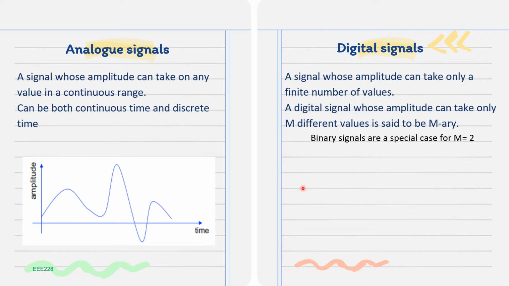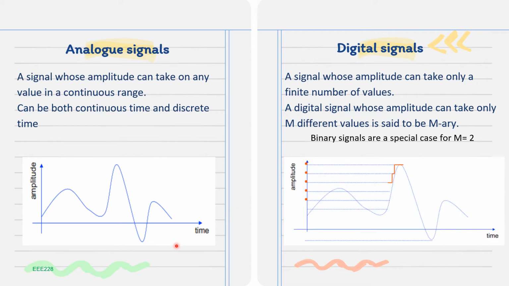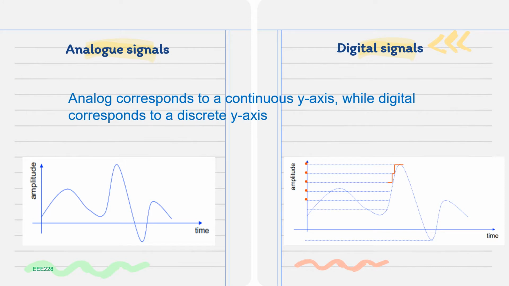In these examples, when we talk about analog or digital signals, we are referring to the amplitude. For analog signals, we have a continuous range of amplitude, while for digital signals the amplitude values are discrete. Analog corresponds to a continuous y-axis, while digital corresponds to a discrete y-axis.